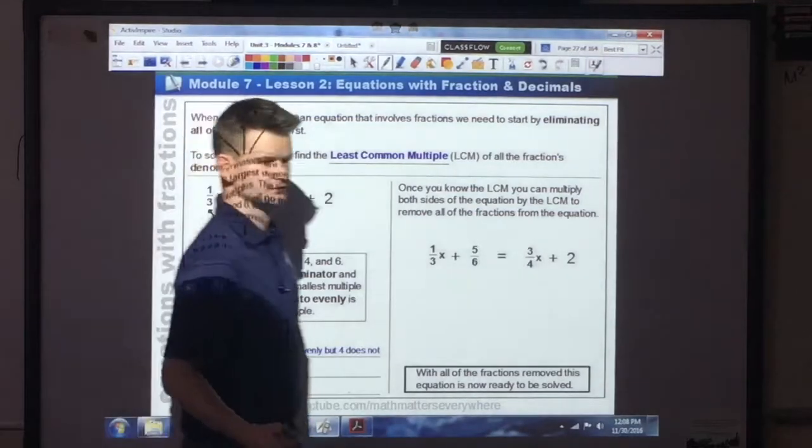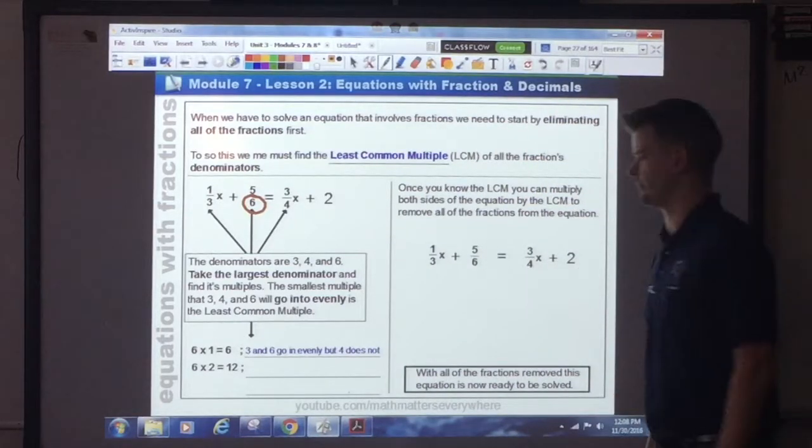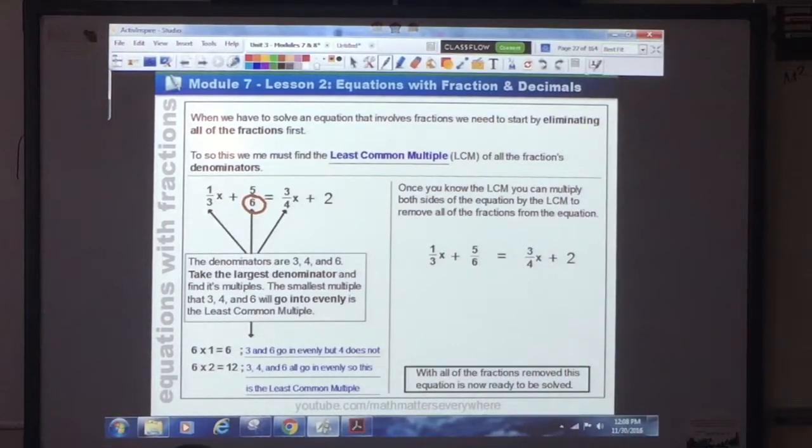What about 6? Yes. What about 4? Yes. All three of them go in evenly with no remainder, so that means our LCM is 12. Once you identify the least common multiple, that is your key to unlocking this equation and getting rid of all those fractions using simple multiplication. But you have to find the LCM first.